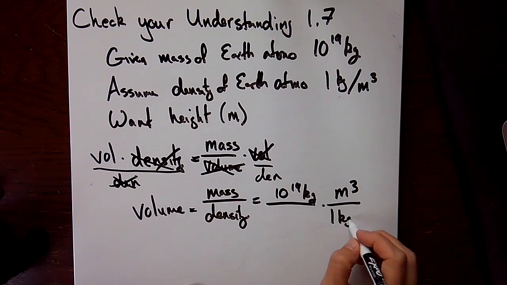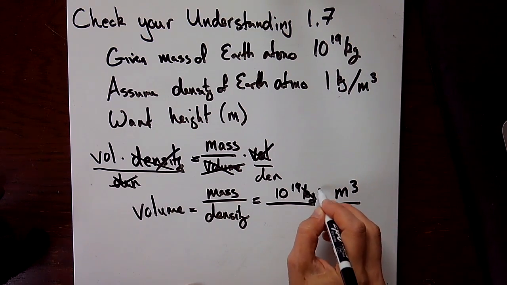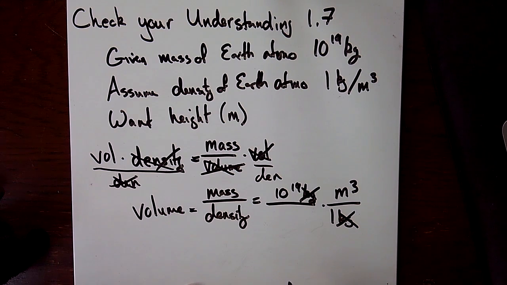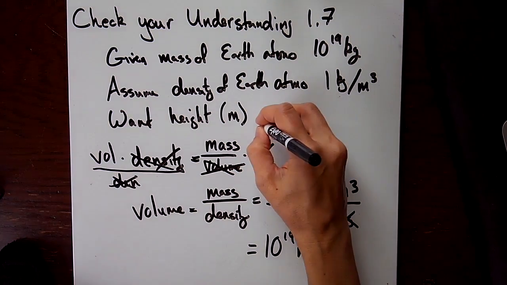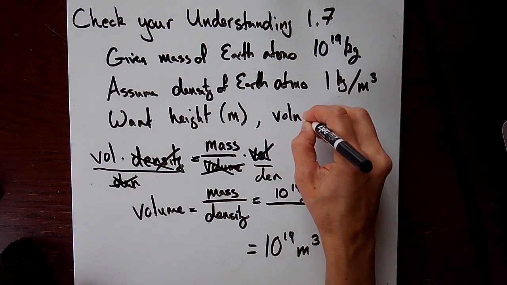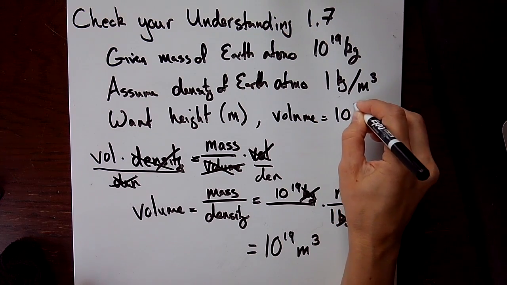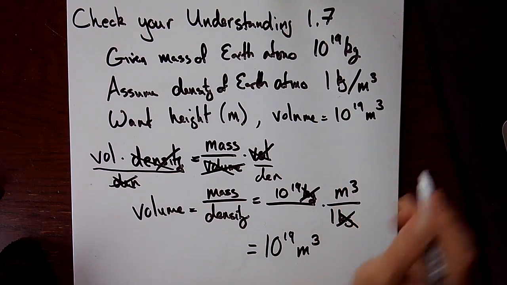I can see the kilograms will cancel out because I'm multiplying and then dividing by them. And that means my volume is 10 to the 19th meters cubed, at least in order of magnitude with this assumption for the density. All right, so I've got a new bit of information. Volume is 10 to the 19th meters cubed.